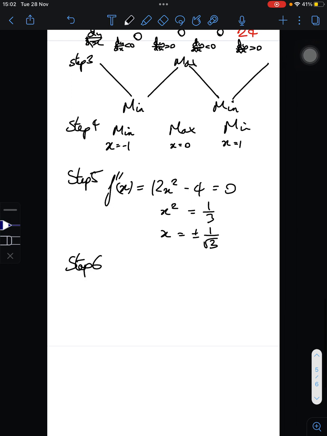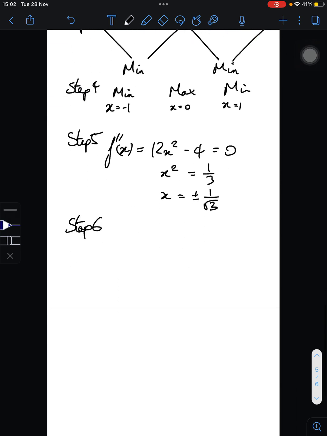So on a number line, exactly the same as we did before, we've got our values for x. So our value for x is going to be minus 1 over square root 3. Next value of x is going to be 1 over square root 3.